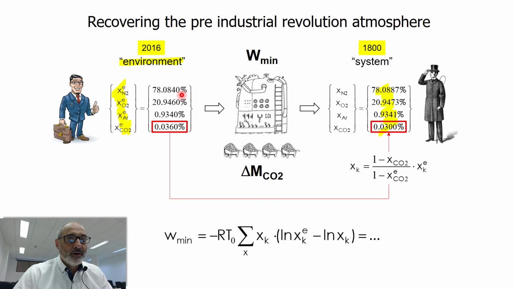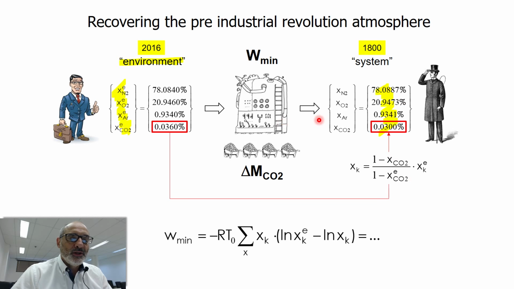You see, those are exact numbers. The CO2 concentration today is 0.036%, and before the Industrial Revolution, 0.0300%. So if we remove CO2 from the atmosphere so that this 0.036 drops to 0.0300, the other concentrations will change according to this equation here.